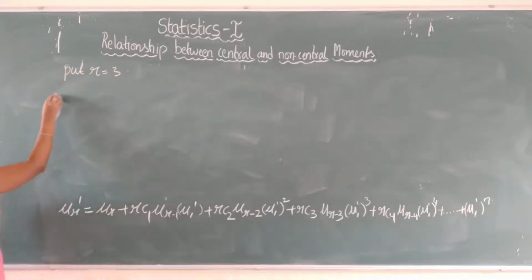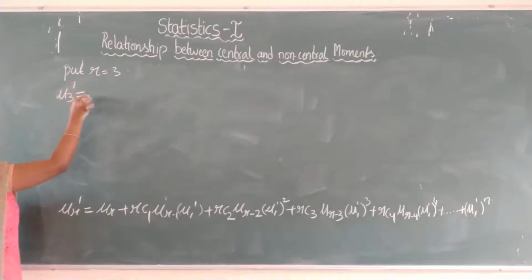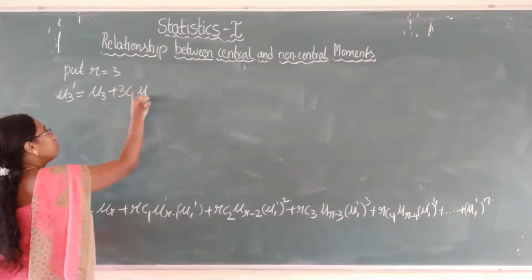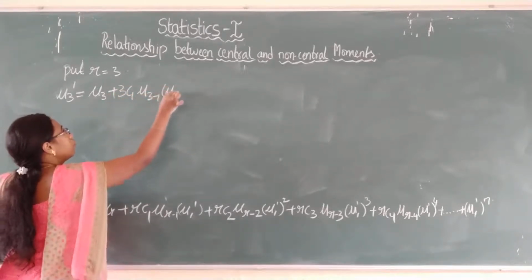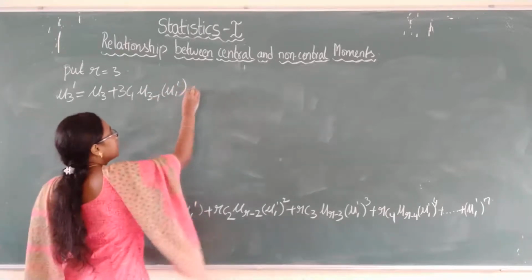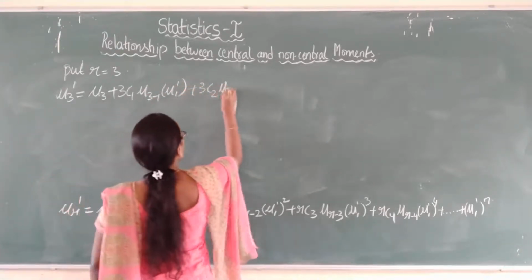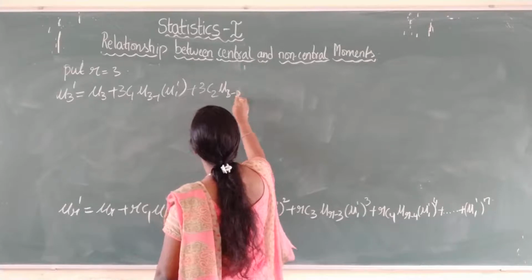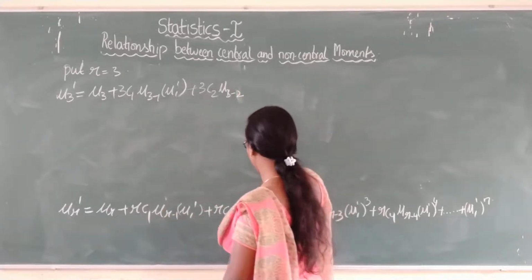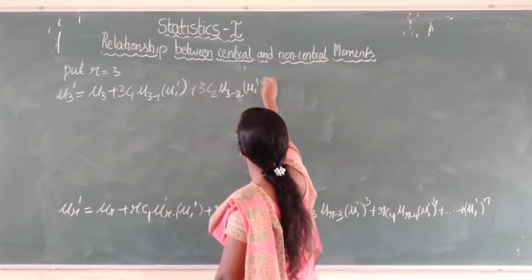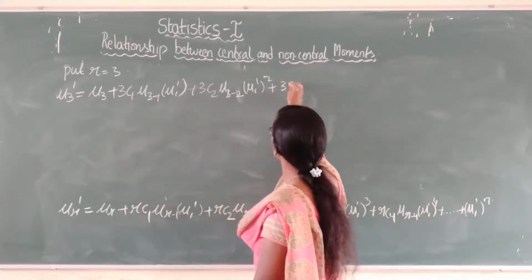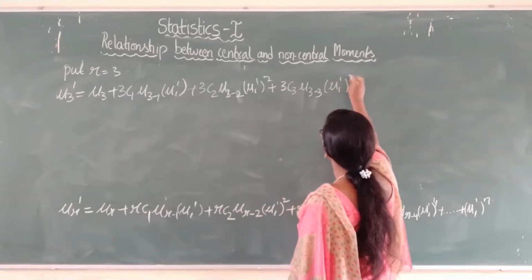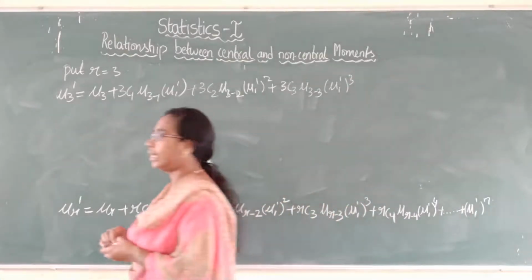So r equals to 3 means you are going to get mu3 dash equals to mu3 plus rc1, that is 3c1 mu3 minus 1 into mu1 dash, plus 3c2 mu3 minus 2 into mu1 dash square, plus 3c3 mu3 minus 3 into mu1 dash cube, and the higher order moments are avoided.